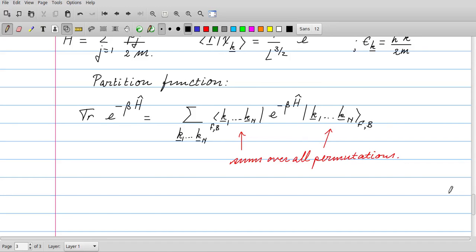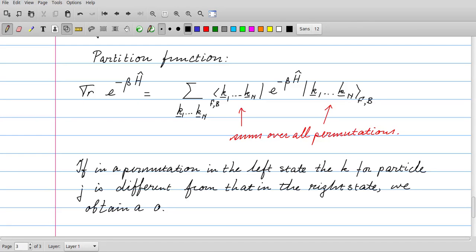Now it is extremely important to realize that we have to sum over all the permutations of the left state independently from the sum over permutations on the right state. So we will have an arbitrary permutation of the k's on the left side and an arbitrary permutation of states on the right side.